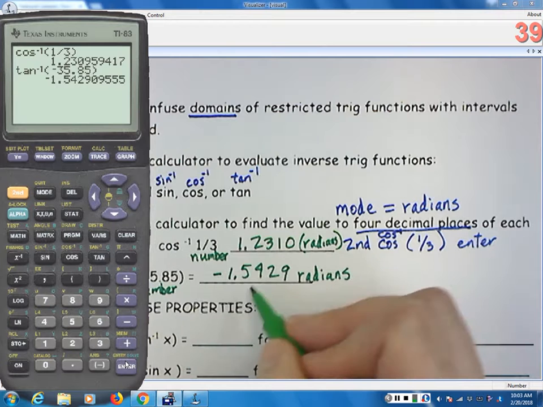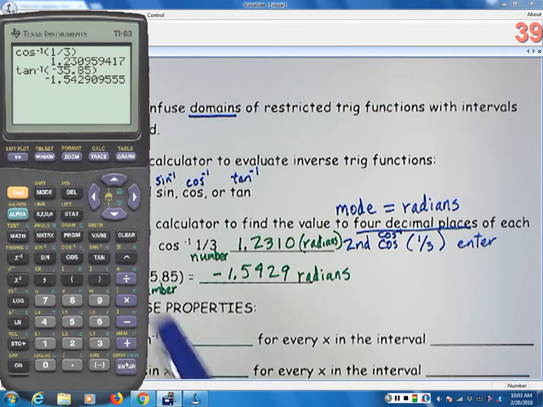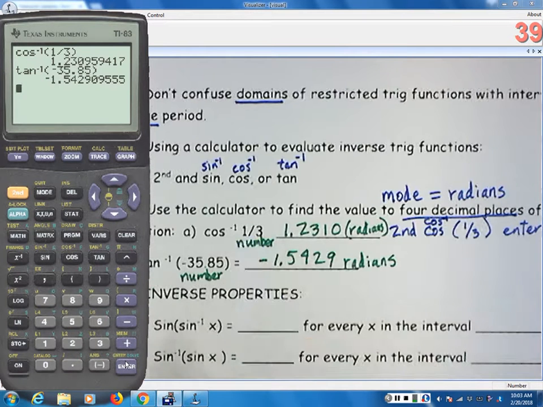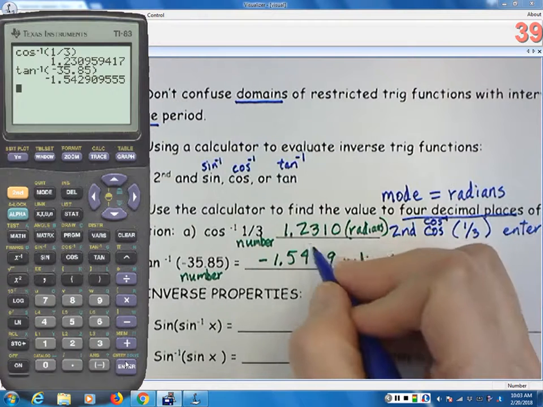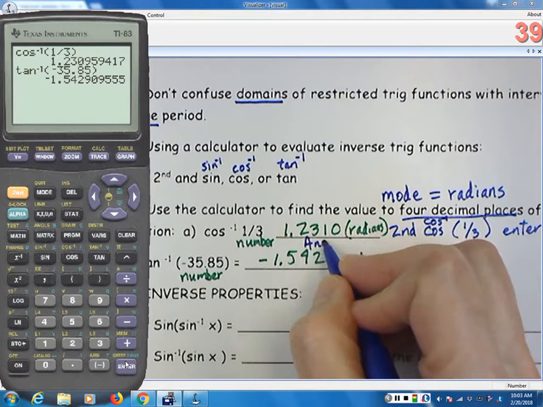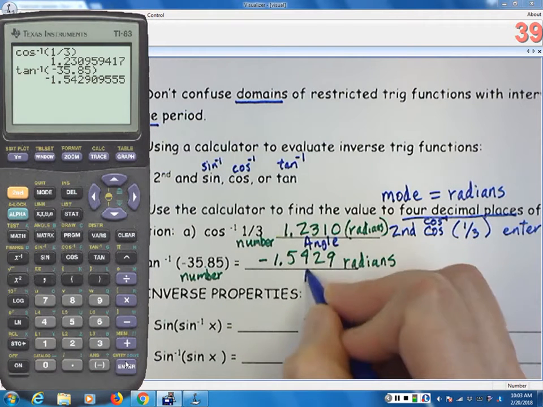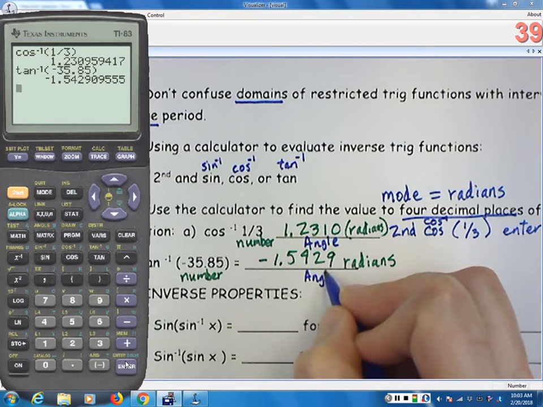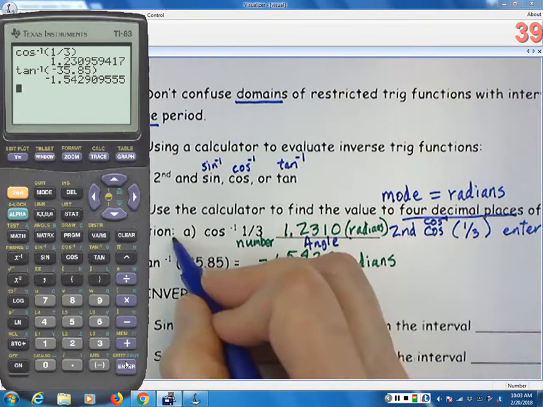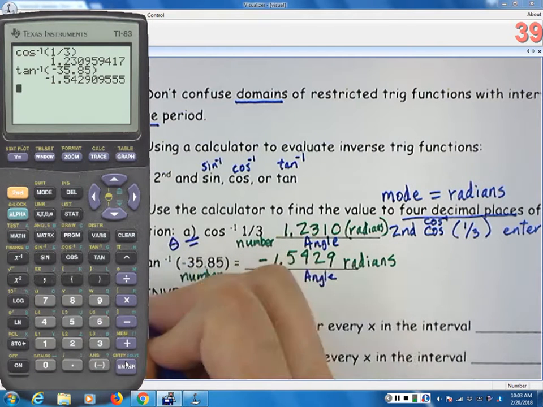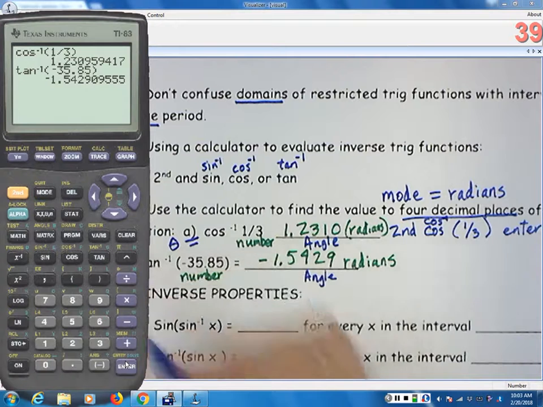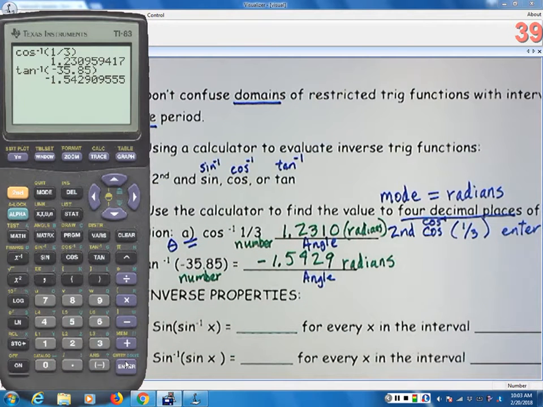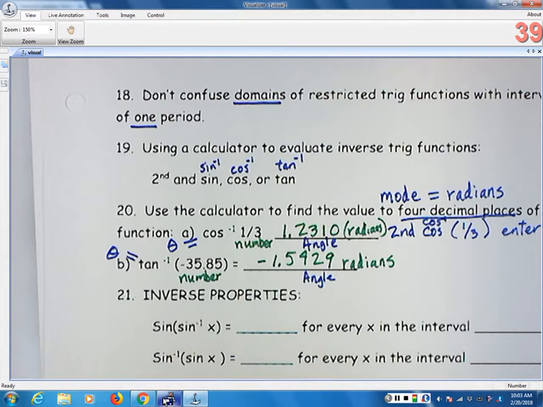So these are numbers, and these are angles. You got to get straight what are angles and what are numbers. That's why we can say theta equals, to help you know that we're finding an angle.